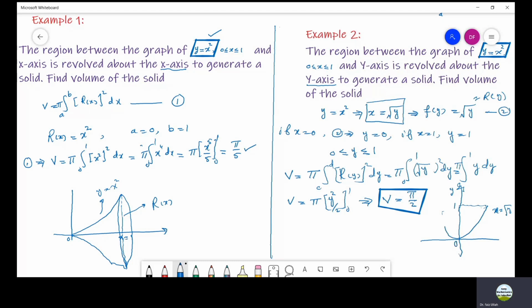So if we rotate it, we get a figure like this one. And now here, this from the origin to here, we take it r of y. This is the radius. And we can see that finding the volume of this solid, we get v is equal to pi by 2.